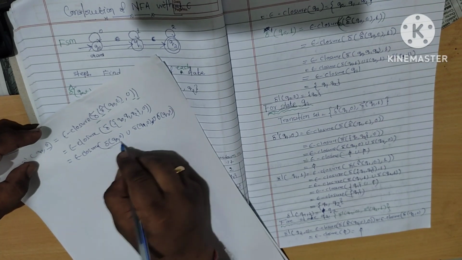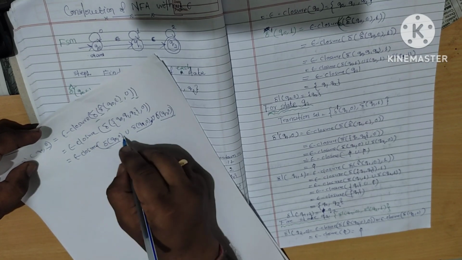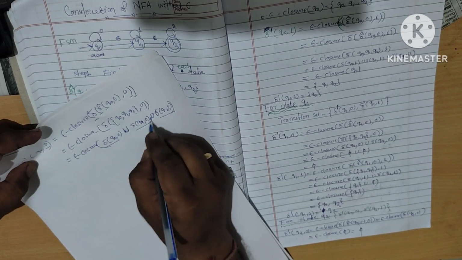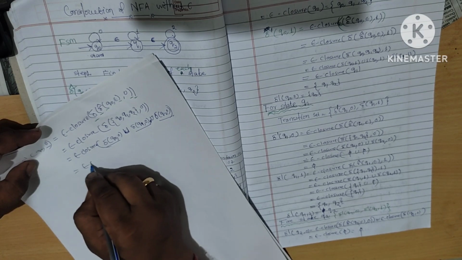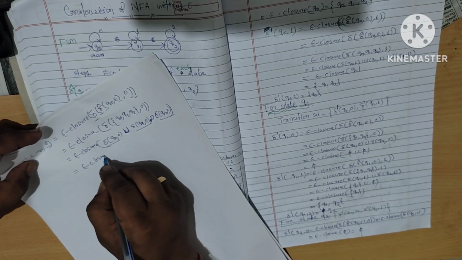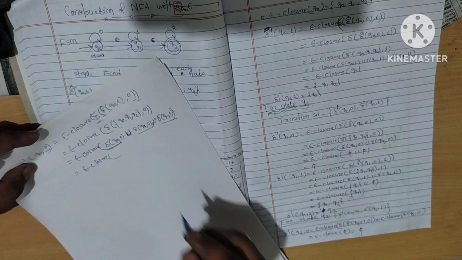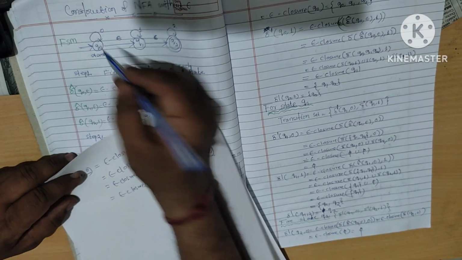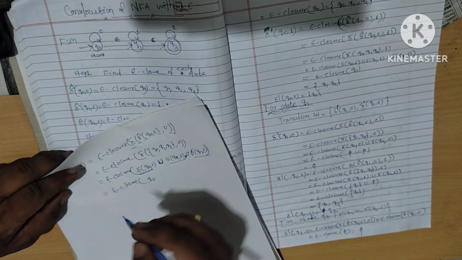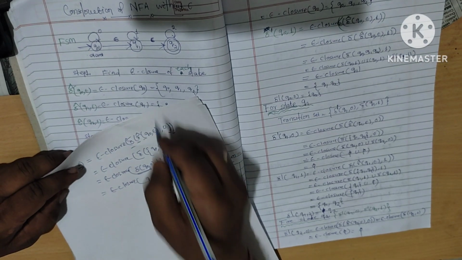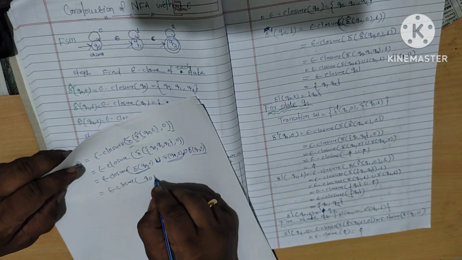Please look here everybody, how I have written the union operation. Look at q0 on input 0, it is q0. Look at q1 on input 0, no input, it is phi.